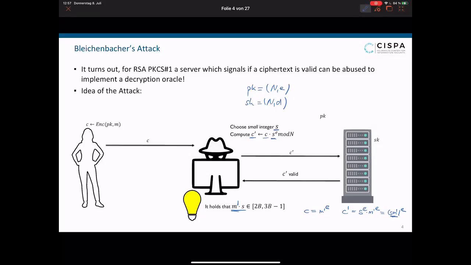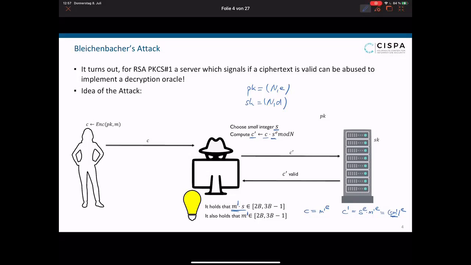Good. So that's the additional information that you've learned. But of course, we can also assume that the original ciphertext that Alice sent is also valid, right? That means not M, but again M prime, the PKCS encoding, is also in this interval 2B, 3B minus 1.